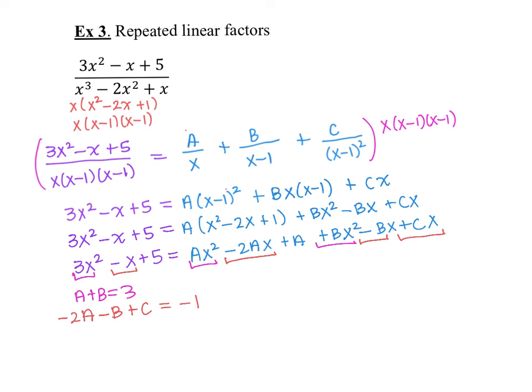Okay, and then for my last one, I have the 5 equals just the a. So a equals 5. Okay, which is good because at least it gave me one of the answers. Okay, since I know a is 5, I'm going to plug that into a plus b equals 3. Okay, now I need c, so I'm going to have to plug it into the big equation.